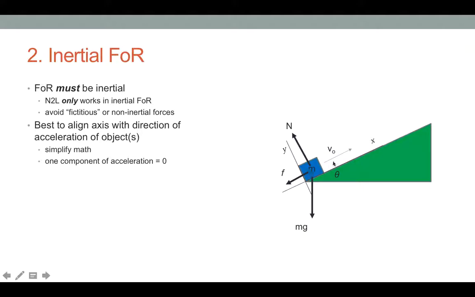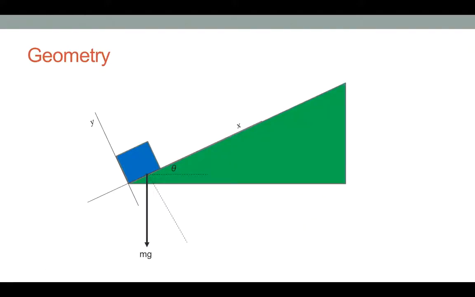If I make the x-axis directly up the ramp, then the acceleration will have no y component because the ramp will constrain the block to move straight along the x-axis. So we're going to tilt our axes along the ramp, and that's the set of coordinates we're going to use. We're going to attach it to the ramp, which is stationary, so this will be an inertial frame of reference.